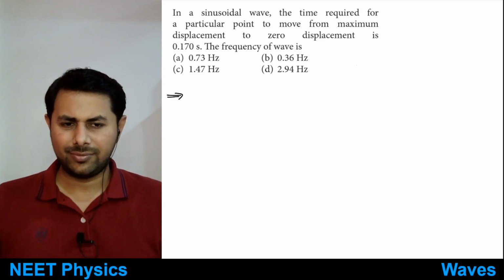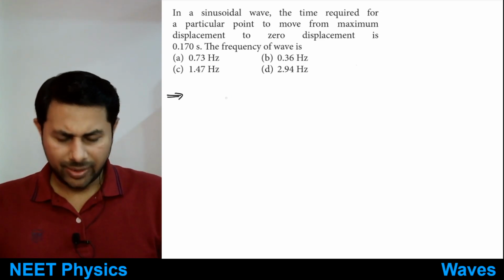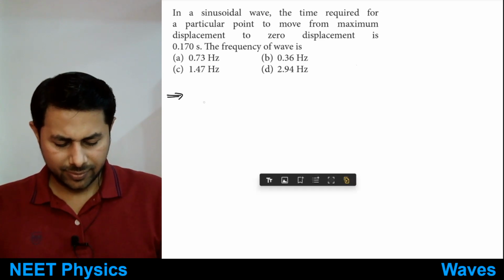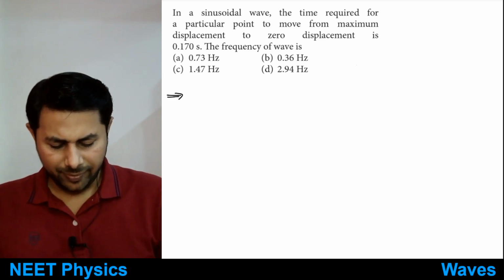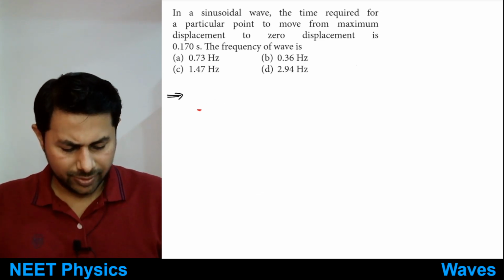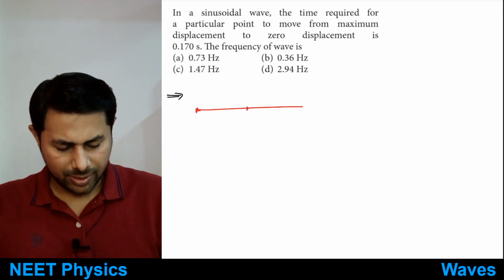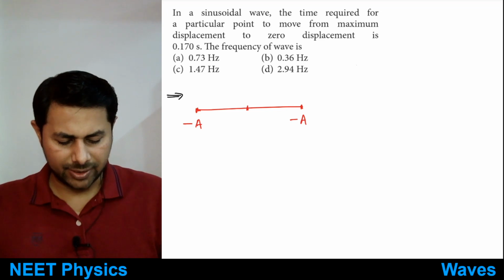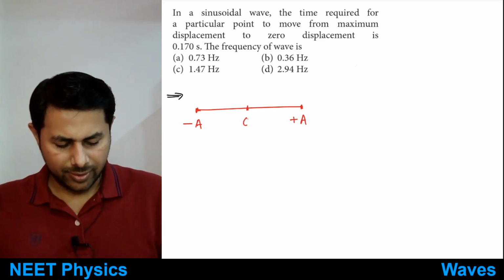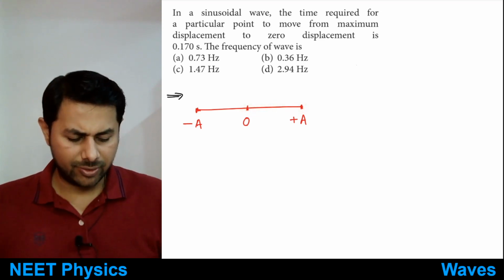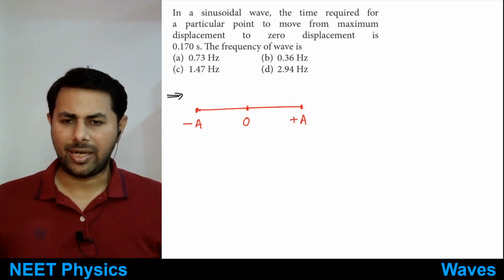That's simple. It's T by 4, right? Suppose the particle oscillates between these two ends, minus A and plus A. To go from maximum displacement to zero displacement, how much time is required?